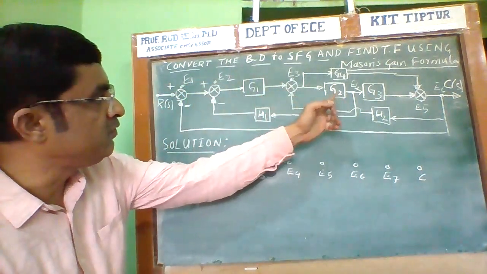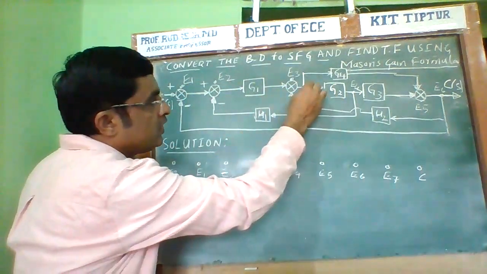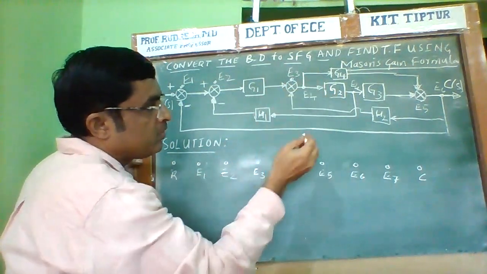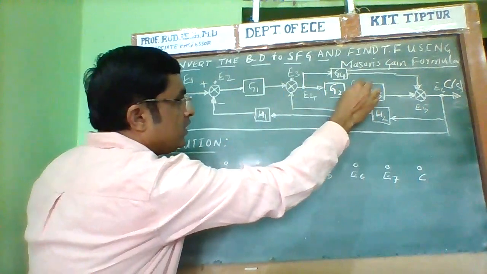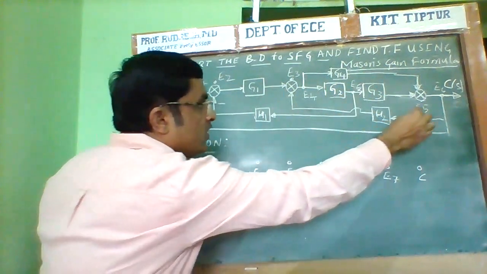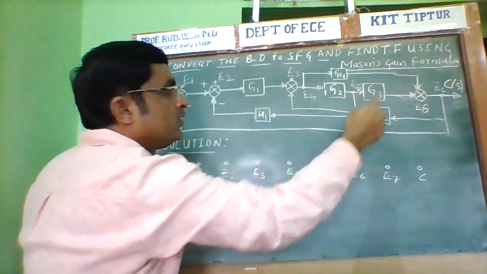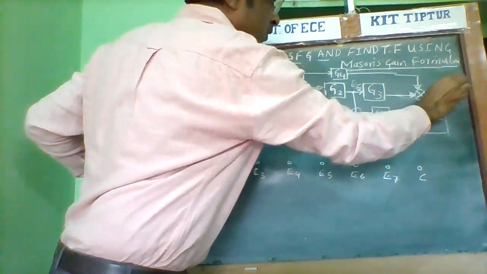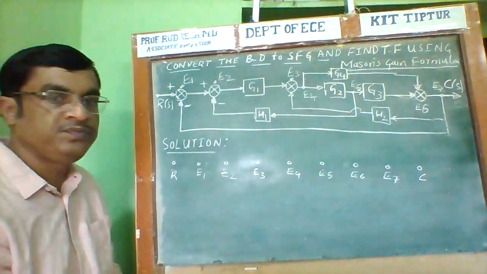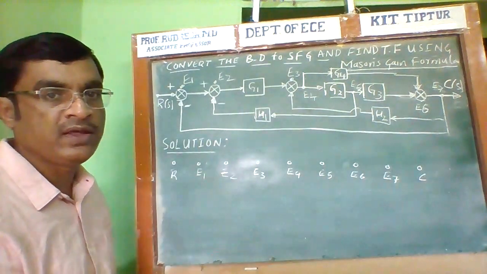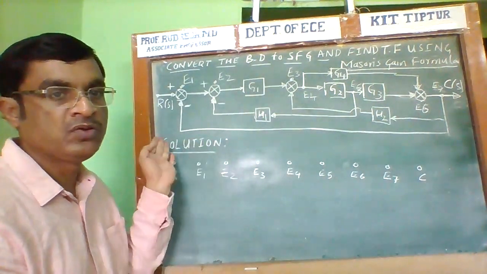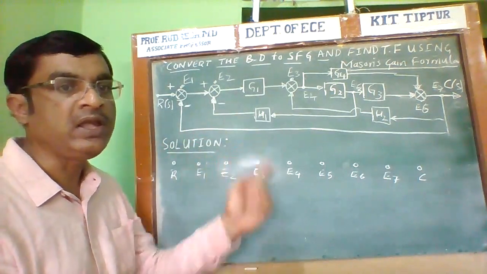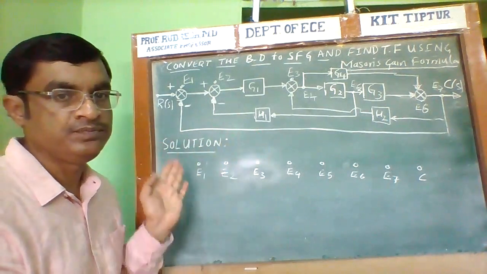Here there is another, this is actually E4. Here there is a take-off point. This is E5, this is E6, and this is E7. After assuming the nodes, we need to name those nodes E1, E2, E3, etc.